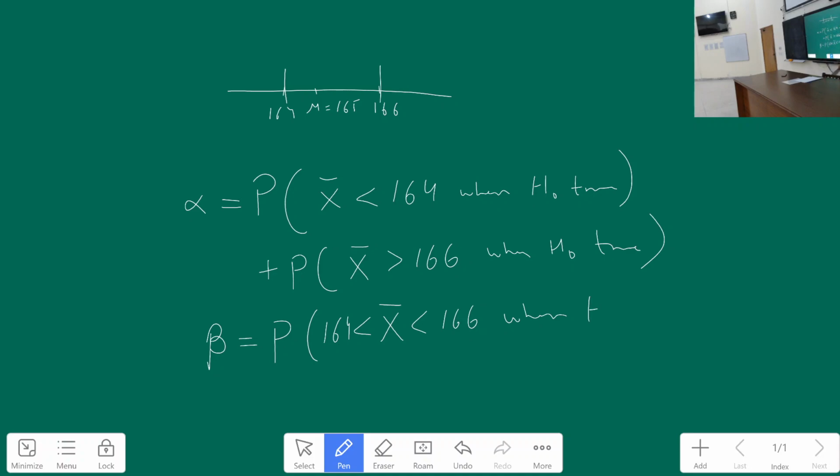When H naught was false. This is the probability of false positive. So you conclude in my favor when I was actually wrong. So this will be it.